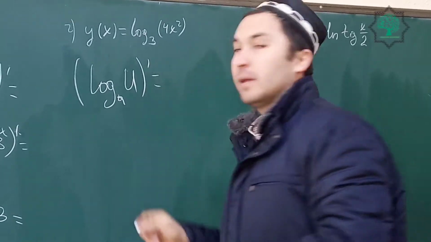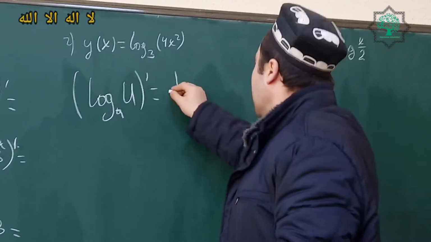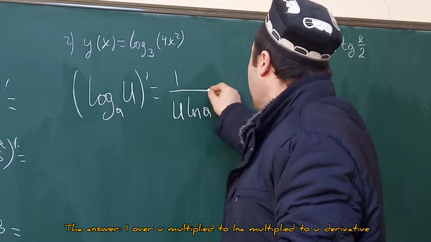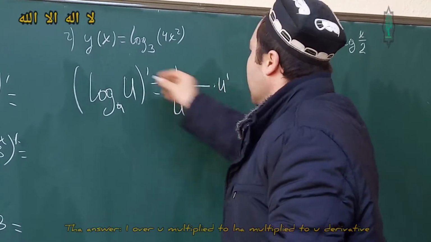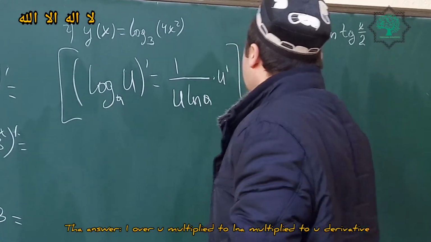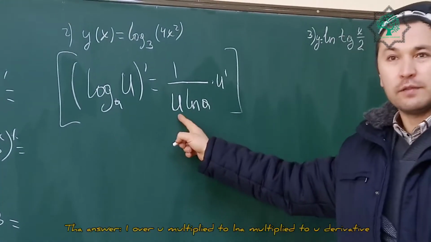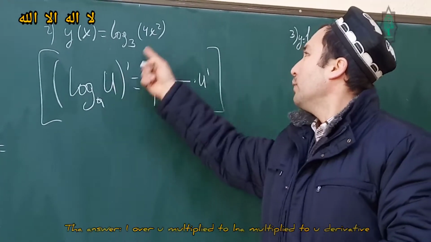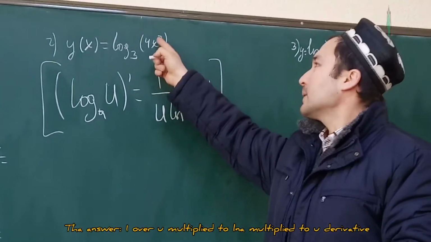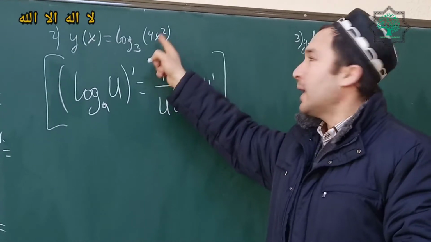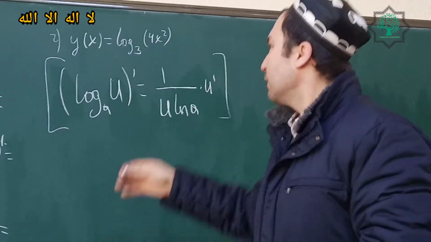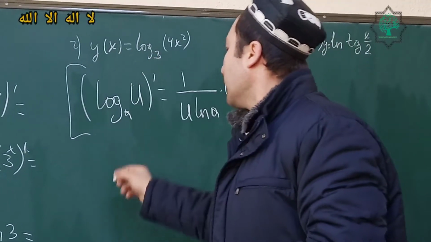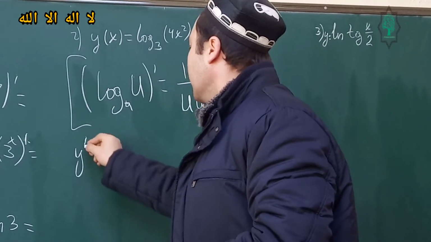Okay. ln a, u. Yes, the main formula here we use is this formula. Here instead of u we have 4x to the power 2, x squared. Yes, we simply put it in this formula. This is our example, and it's too easy.